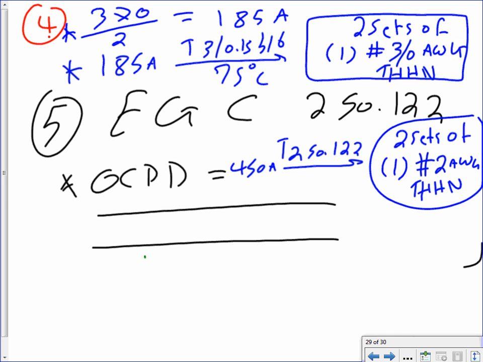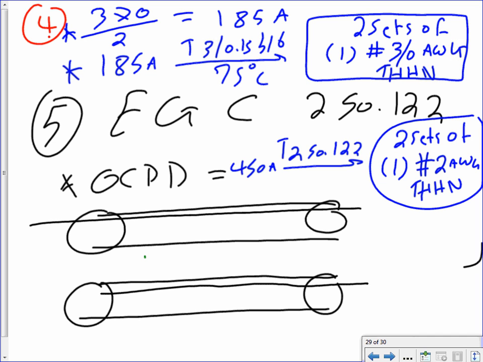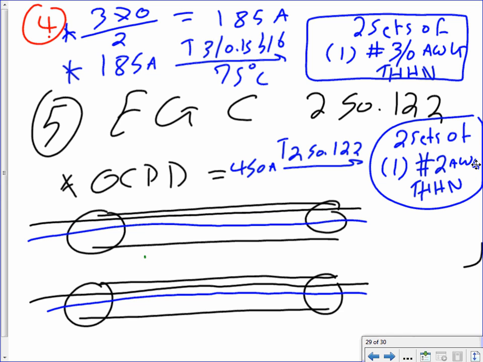Here's my conduit number 1. Here's my conduit number 2. Here's my conductor. Here's phase A. Here's phase B. There's also phase B in this conduit. Let's go to phase C in each one of these conduits. And let's go to the neutral.